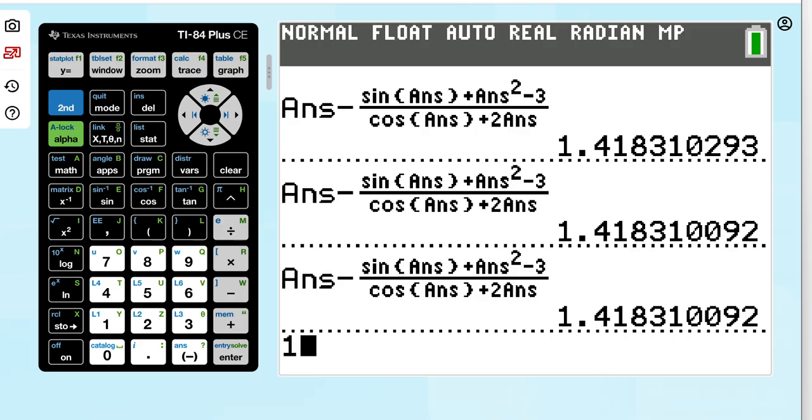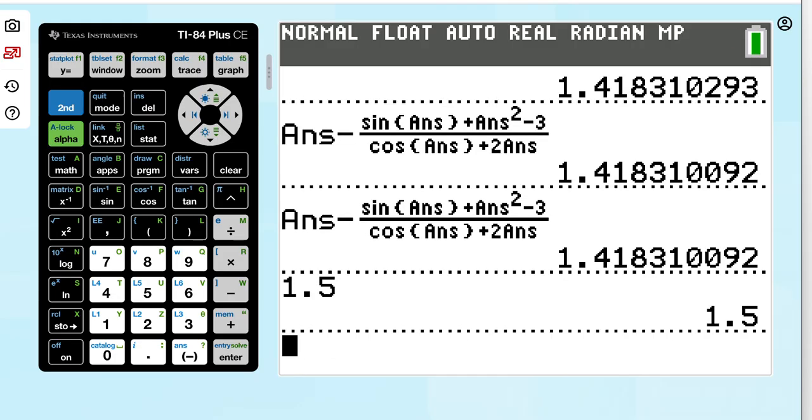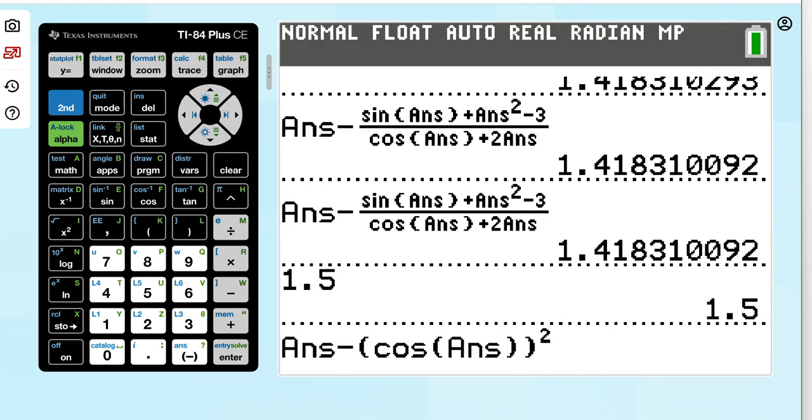We're going to start with 1.5. We're going to do answer minus. And then we're going to have the cosine of x sub n. So we're going to put this in parentheses. The cosine of my answer. And it was cosine squared. So we'll do that.